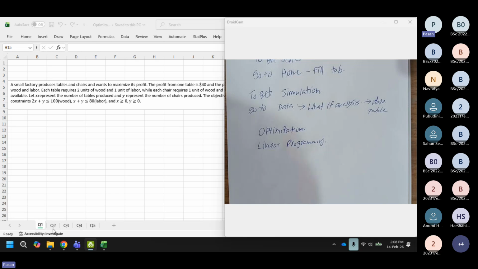Now, if you think in terms of two variables, then we can identify the situation in terms of a graph as well. We will first identify the situation graphically, and it will give you some idea of how we can maximize or minimize.